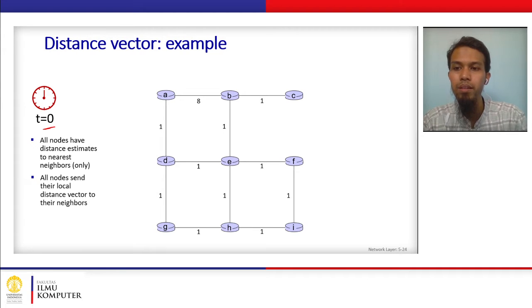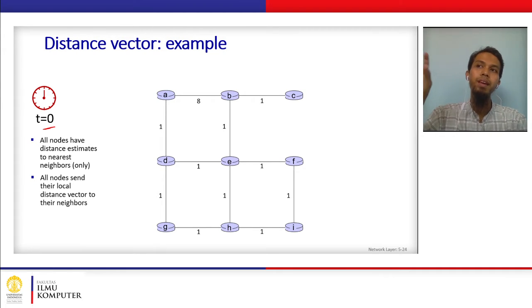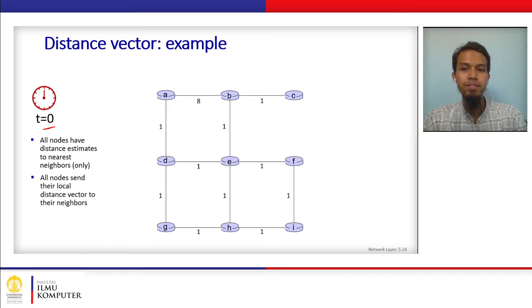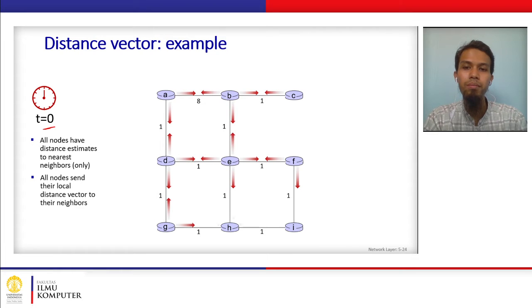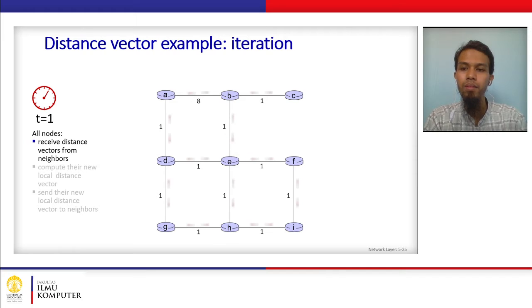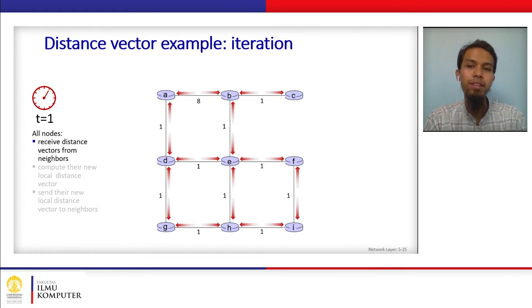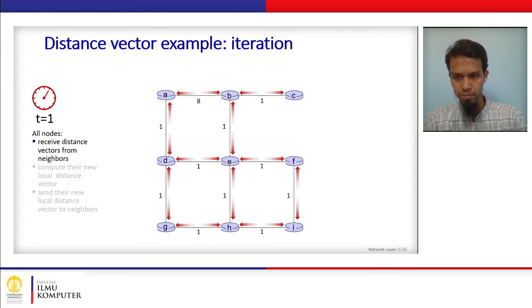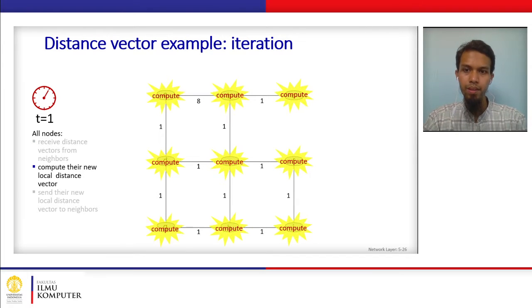After that, each node has its own set of distance vectors, and each of them broadcasts the distance vector to its neighbors. In the next iteration, upon receiving this broadcast from the neighbors, each of them recomputes the distance vector locally.